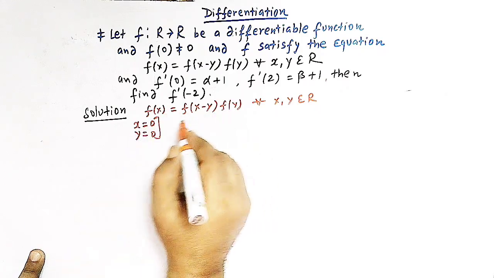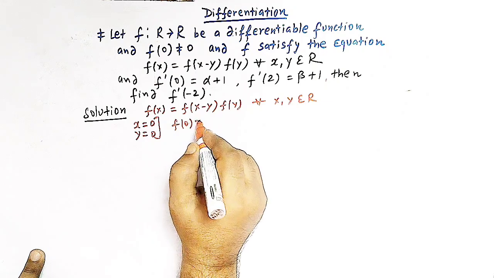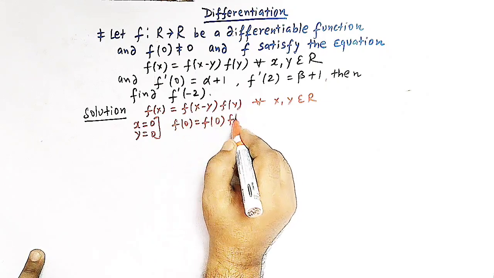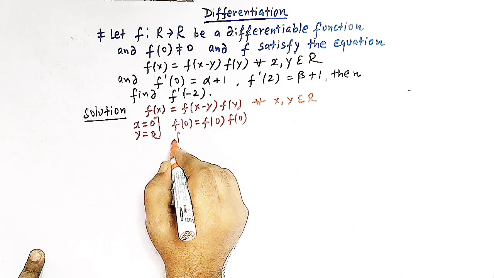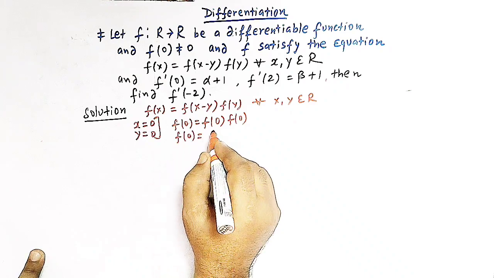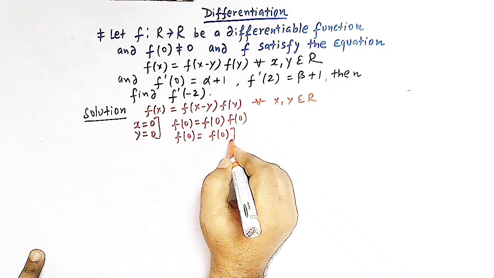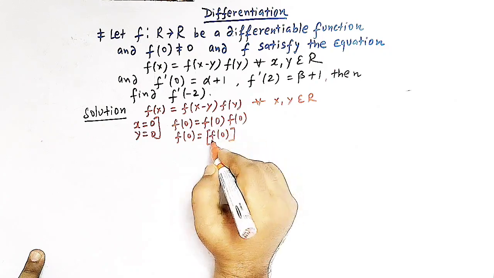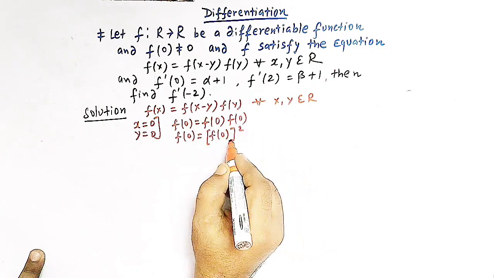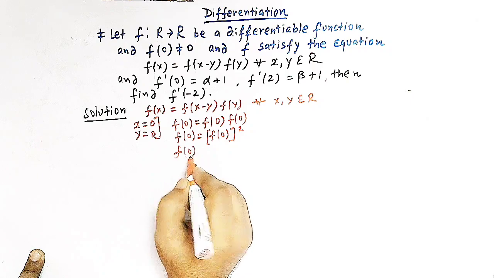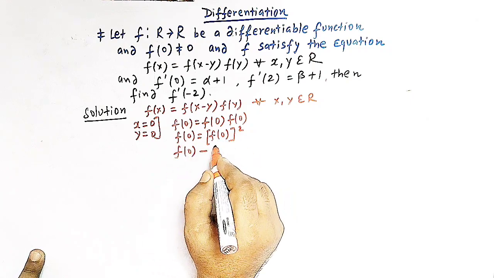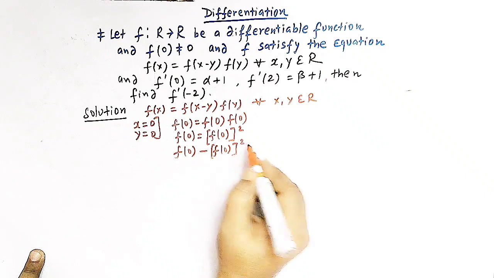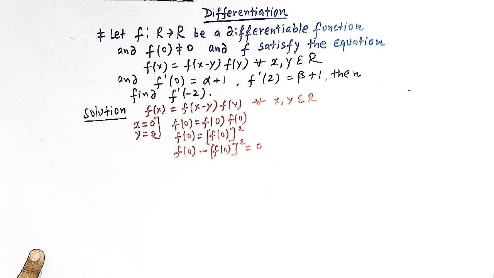So we'll get f of 0, and here we have 0 minus 0, that is 0, and here we have f of 0. So we have f of 0 is equal to f of 0 times f of 0, which is f of 0 square. We can take it to the left hand side, so we have f of 0 minus f of 0 square, and this is equal to 0.